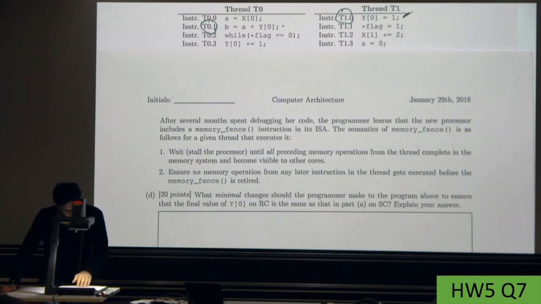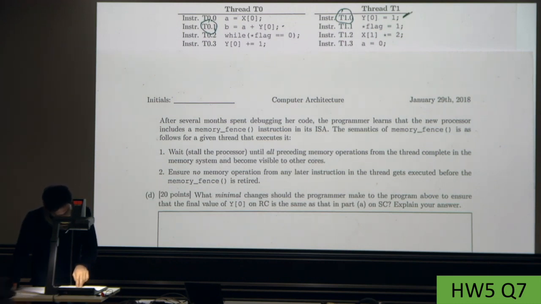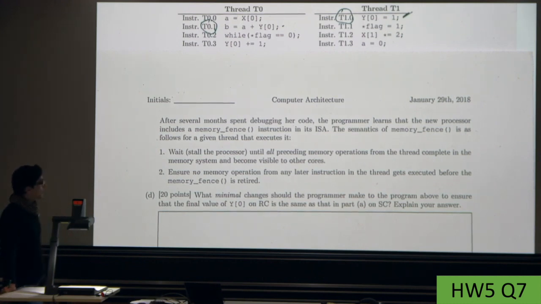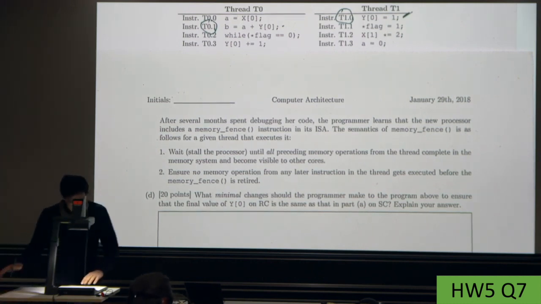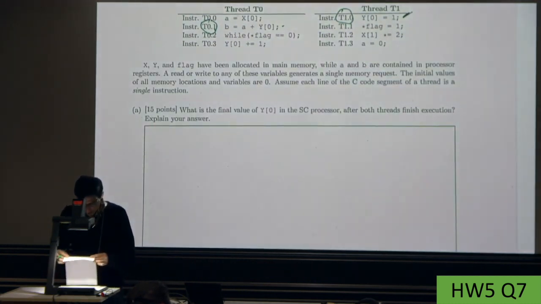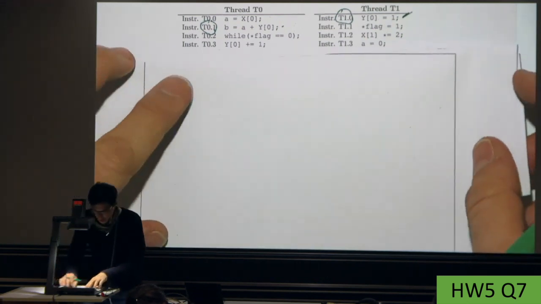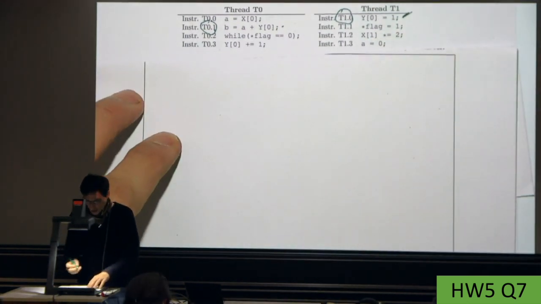So then part D asks, what minimal changes should the programmer make to the program above to ensure that the final value Y0 on RC is the same as that in part A on SC? Explain your answer. So we obviously need to use this memory fence instruction that we have just discovered and put it in the right place.